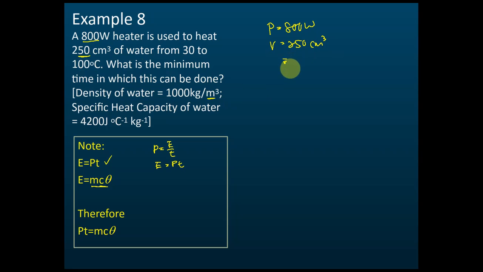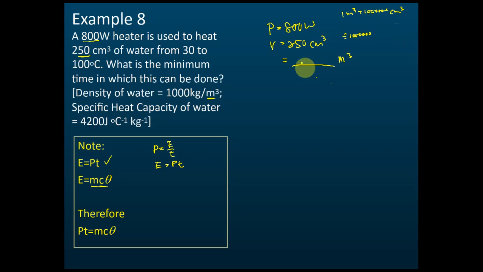Can any of you tell me? From cm cubed to meter cubed, we divide by 1 million, because 1 meter cubed is equal to 1 million cm cubed. So after you divide by 1 million, what do you get?